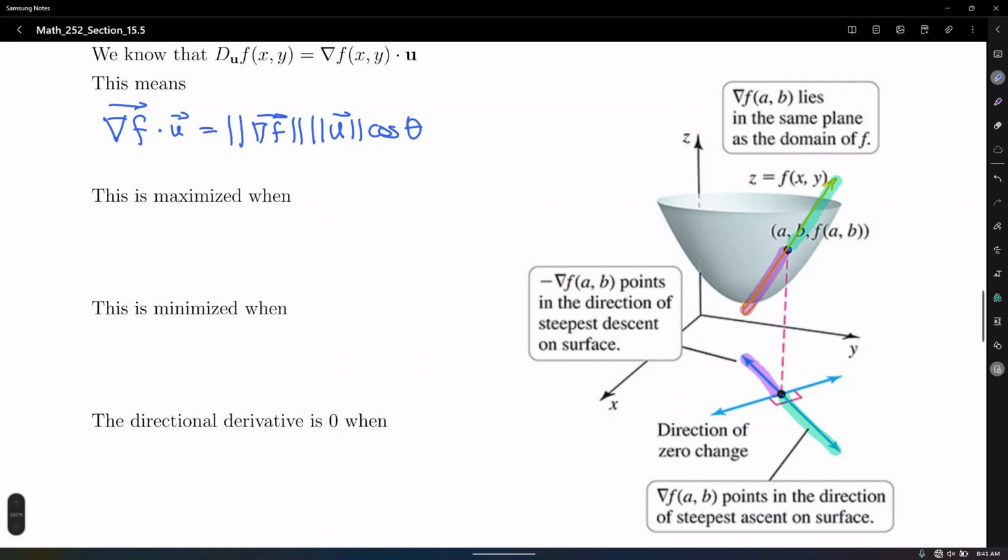But actually, we could simplify that expression. Do you see why? Not because of the angle.